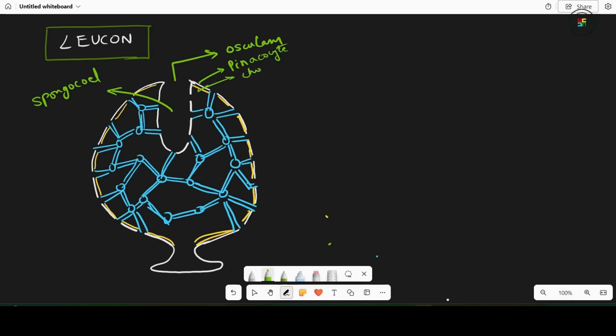Inside, choanocyte, and of course, we are not labeling it everywhere. Between the pinacocyte and the choanocyte is the mesohyl layer, right, in between.